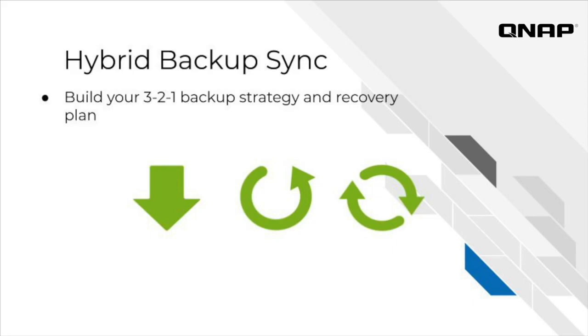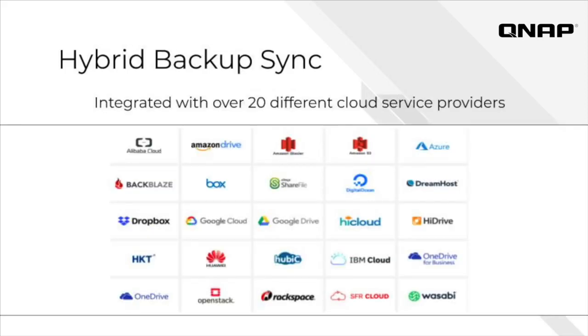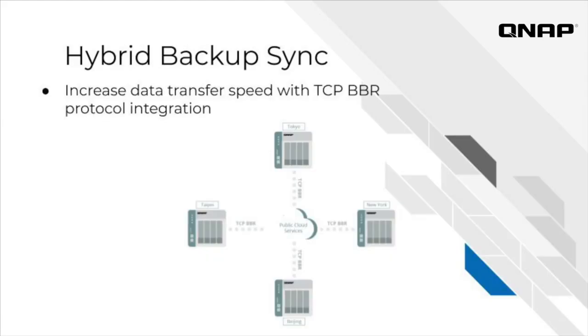HBS3 currently supports up to 20 cloud providers, so you will have options to choose your own cloud service provider, and most likely there will be one for you. HBS3 also supports TCP BBR, which will help you increase the network performance and stability when doing a backup or sync job.